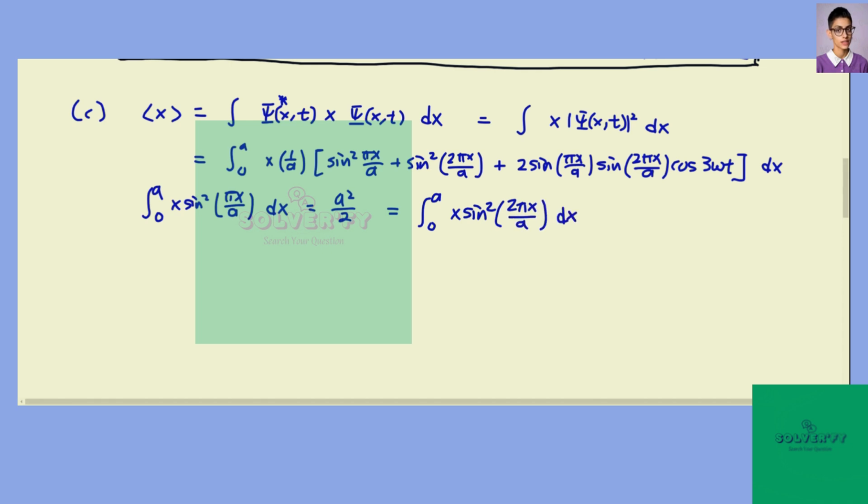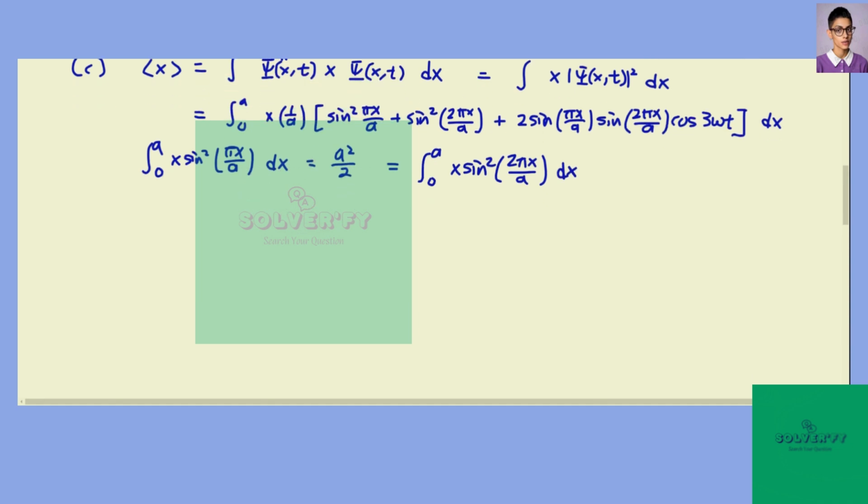Okay, and then the third integral, which is 0 to a x, we have a 2 here, sine pi x over a sine 2 pi x over a cosine 3 omega t dx. And then the cosine 3 omega t doesn't participate in the integration, it's a constant in this case.